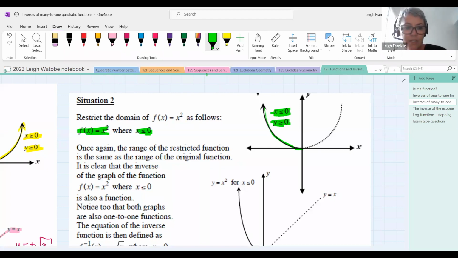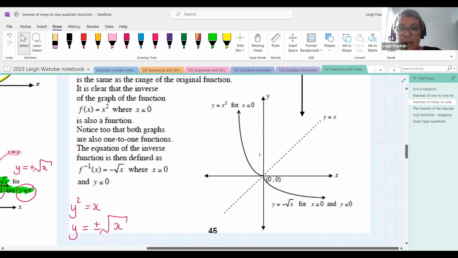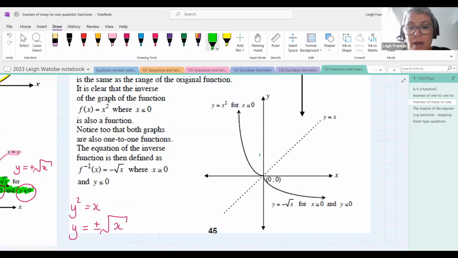After I have restricted the domain, it is now possible for me to reflect this graph over the line y equals x. So there's my arm, the arm in the second quadrant. Here is my reflection line, the line y equals x. And now when I reflect that over the line y equals x, I end up with that.